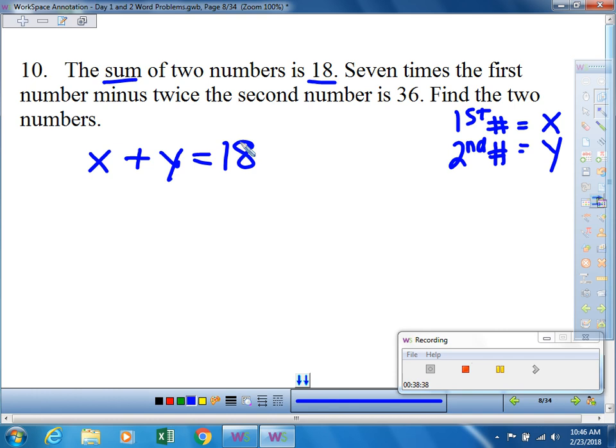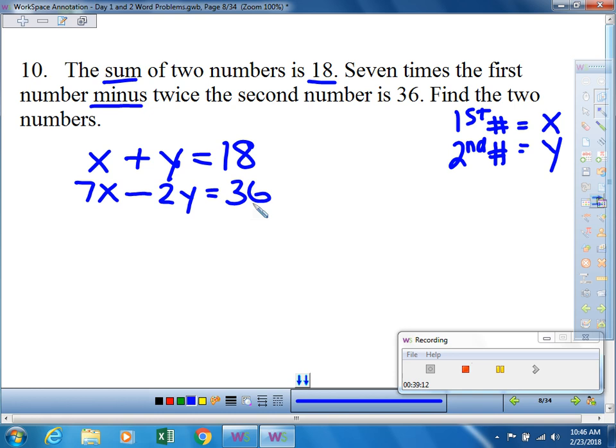7 times the first number. Here's the first number. So 7 times that. Minus means subtract. Twice the second number. Here's the second number. 2y. How much does that equal? 36.